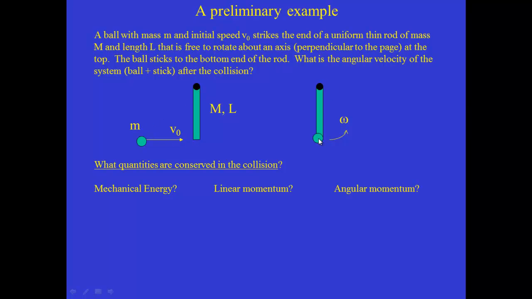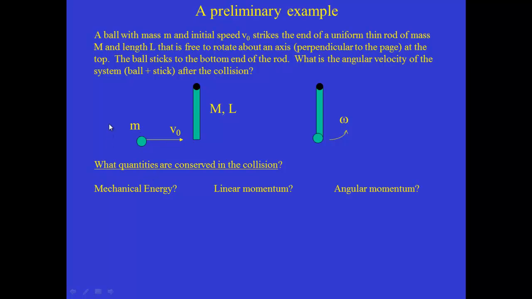The ball plus the rod system is now going to rotate. And the question that we'd like to try to answer, because this is a situation that we could actually do an experiment on, is what would be the angular velocity of the system after the collision takes place. And it's always important to define what we mean by system. Here the system is the rod or the stick plus the ball.